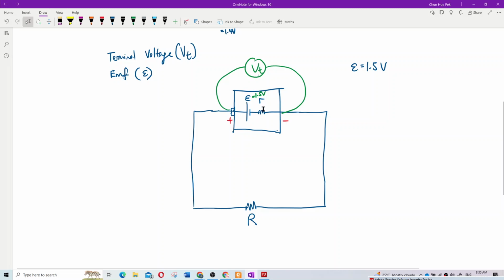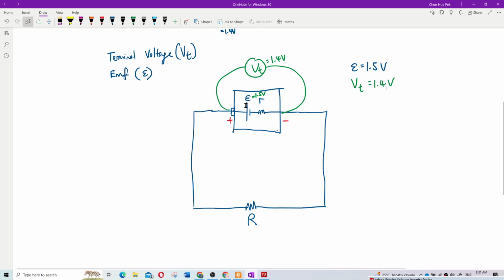Although the battery is 1.5 volt, the terminal voltage I get over here is only 1.4 volt.